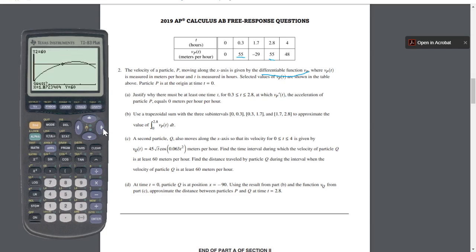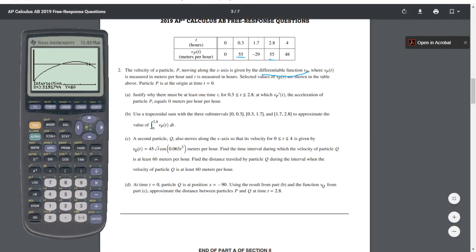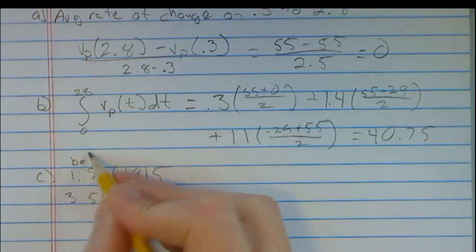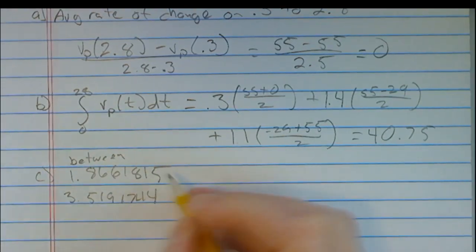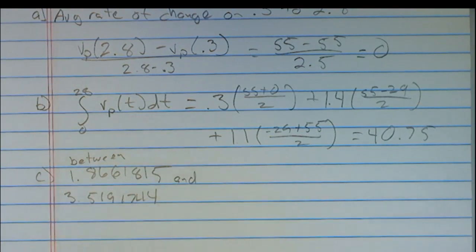First curve and the second curve, but we need to find the other one, so we need to go over, and that one is 3.5191744. All right, so if we write those down, it's going to be between those two values, so that is the time interval. That was question number 1.